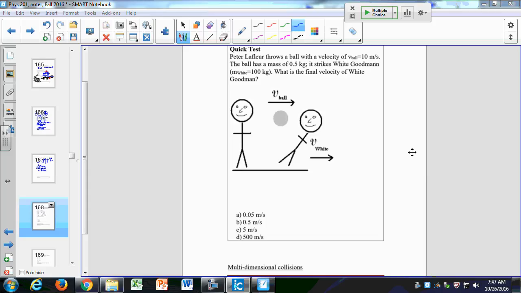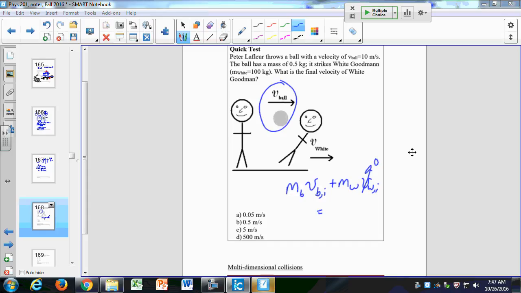We do the similar thing. The initial momentum is just the ball. Now remember, this is because White-Goodman's not moving. So we really have two objects with initial momentum, but one of those is zero. So I'm not writing the momentum of White-Goodman in the initial state. Actually, I will go ahead and write that. Mass of the ball, velocity of the ball initial, plus mass of White-Goodman, velocity of White-Goodman initial, but this is equal to 0.